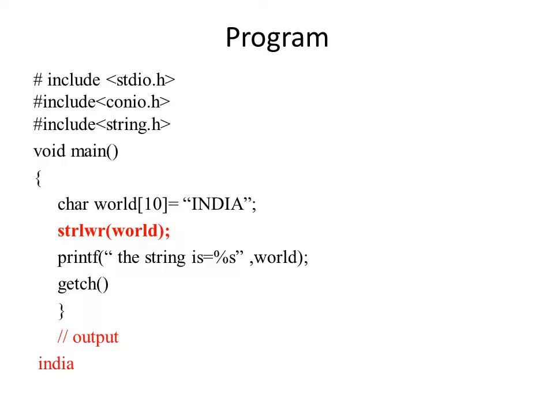Here the string whose name is world, of size 10, consists of all its elements of INDIA in uppercase. After the execution of strlwr, mentioned with the array name, which here is world, the compiler converts all the alphabets or the data available in the character array world into lowercase, and that world array is going to be printed.